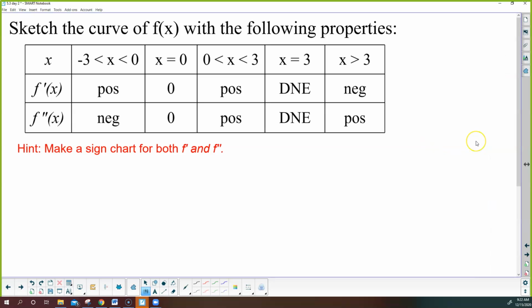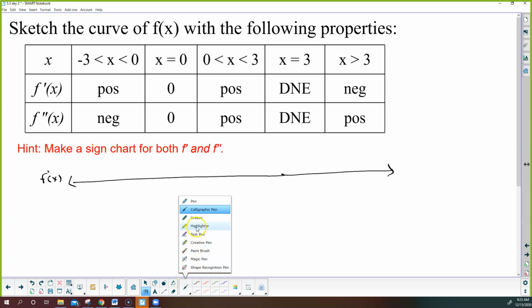And then the last one I don't want you to write down is if you have a table, which is basically the same thing as a graph, except you can only make the conclusions of what the table says. So watch what happens if I make a sign chart here. What I want to do is look for when the derivative equals 0. It equals 0 at 2 spots.